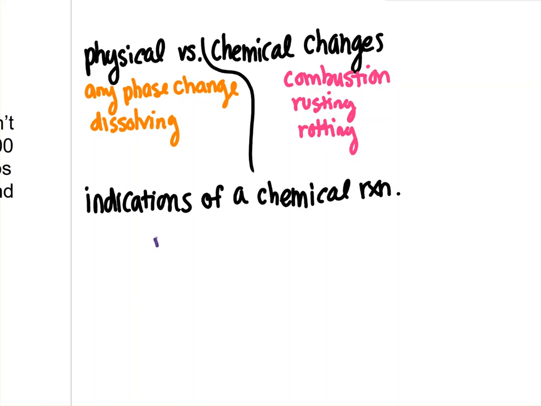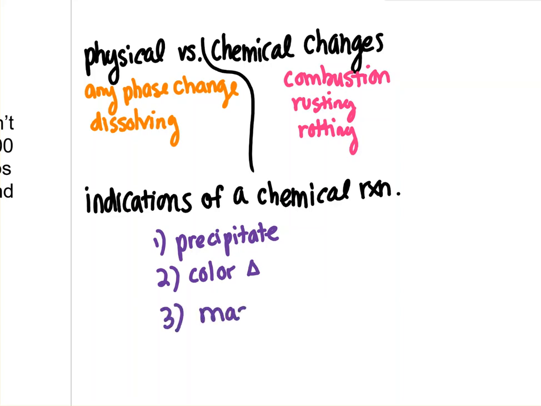But the first one is that you see a precipitate form. That's when you have two clear solutions and they get cloudy because of little specks of solids that form. A color change. A mass change.